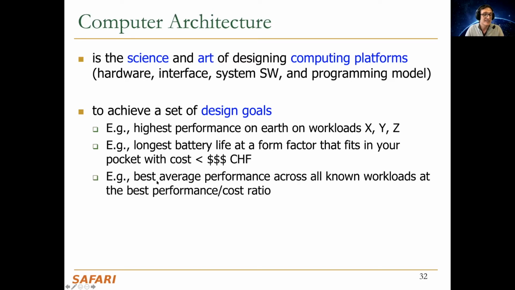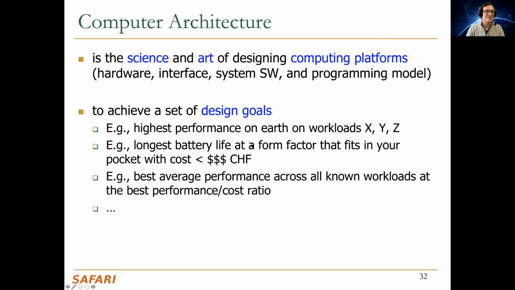Another example is, I would like to get the best average performance across all known workloads, or all workloads that I care about, at the best performance divided by cost ratio. And again, this is what's called general purpose computing in general. So this is where Intel and AMD, for example, design systems that are general purpose. And this is a very different cost and design point compared to the previous two.